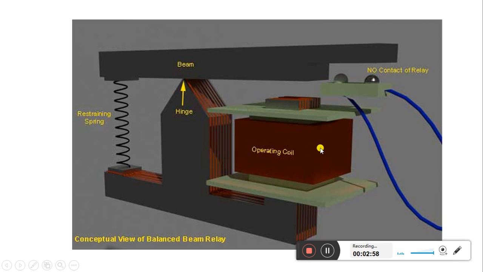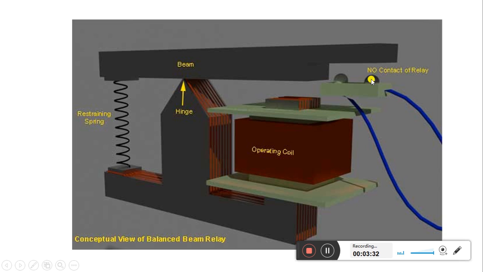So here also this is the restraining coil, which is operated by the voltage. It means voltage is applied to the restraining coil and current is applied to the operating coil. Both coils will develop torque, but in normal condition the restraining torque will be more than the operating torque. So this beam will be pulled down on this side compared to the operating coil side, and this portion will go up.